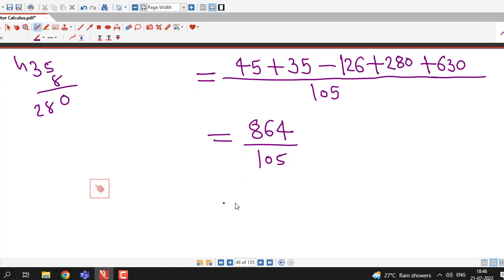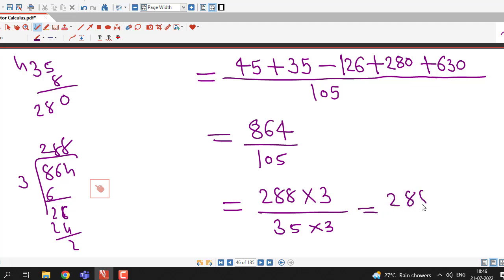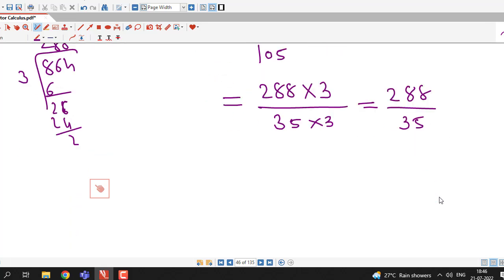And here we can divide this 864 by 3. Suppose we divide 864 by 3, let me check what I will obtain. Here I will have 288. So this I can rewrite as 288 into 3, and here I can rewrite this as 35 into 3, and finally I have converted my answer into this 288 divided by 35.